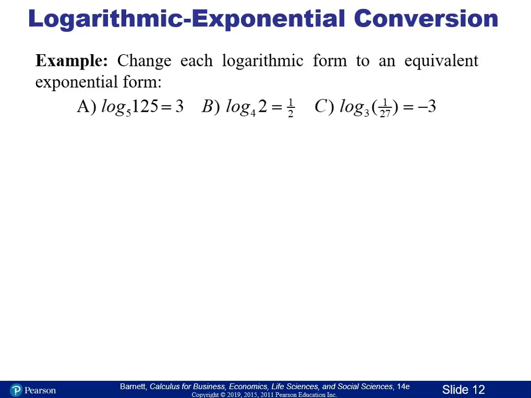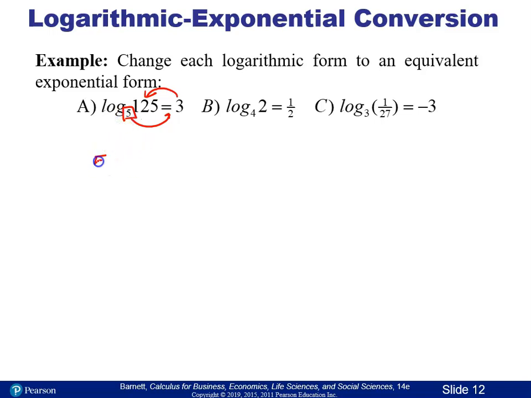Okay, you need to be able to go back and forth between logarithmic and exponential form because that will be beneficial in terms of some of what we're going to be doing. Anytime you're going from logarithmic form to exponential form, you basically are just going to make a little circle here. Just remember, always start with the base of your logarithm.